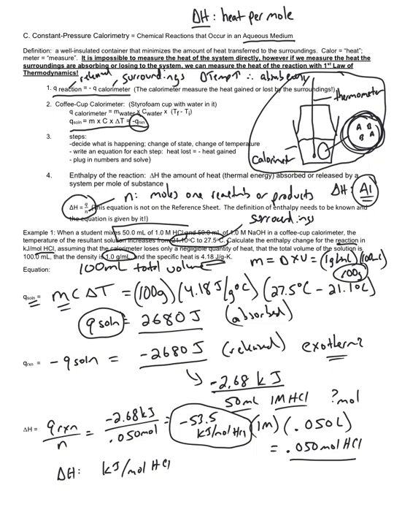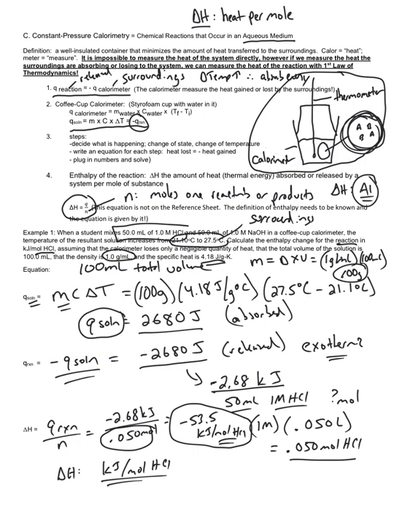Once we know the heat of the solution, the heat of the reaction is equal but opposite that, and then dividing by the moles of the reactant will give me the enthalpy of the reaction. Because when I divide this, it's going to give me a quantity of heat per 1 mole of HCl. Negative 2.68 kilojoules is released when we react 0.05 moles.